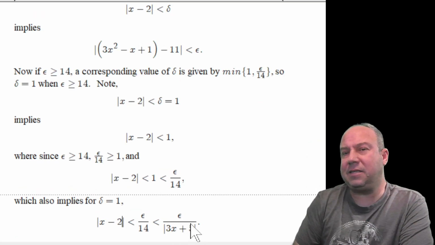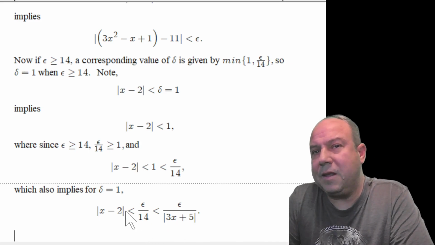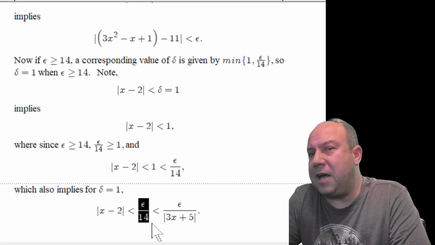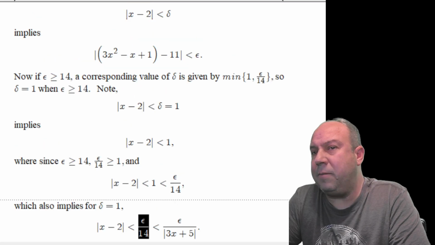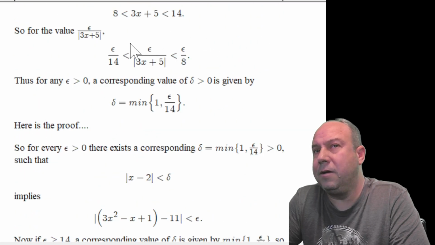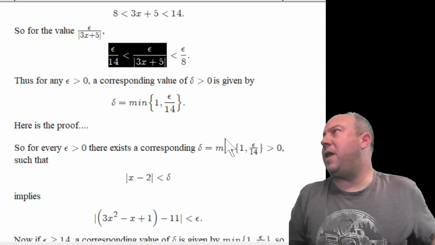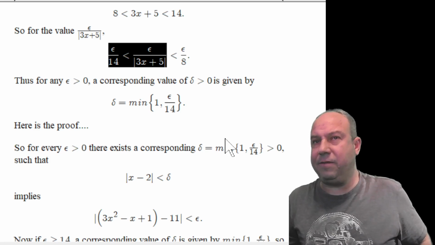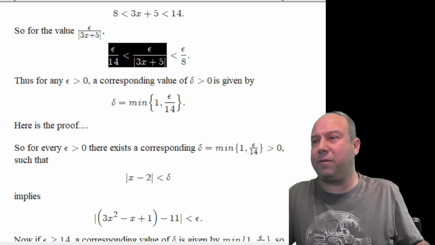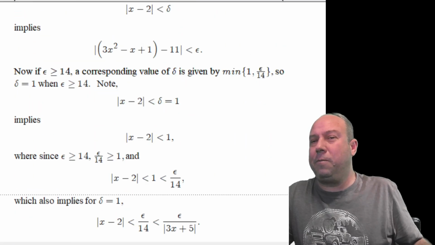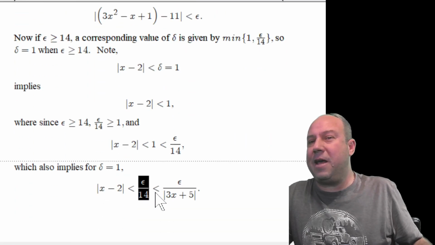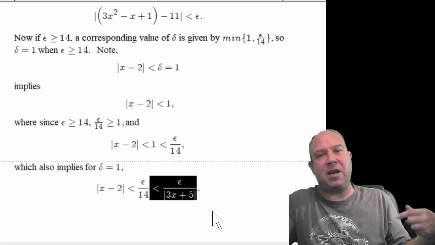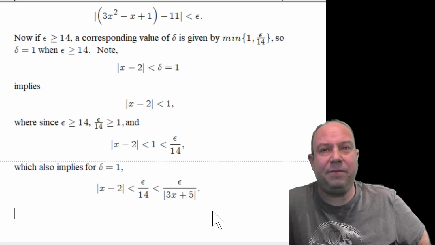And what that's going to lead us to be able to say, for the case where delta equals 1, at epsilon divided by 14, we've established it's smaller than epsilon over the absolute value of 3x plus 5. This is inequalities at work, folks. So epsilon divided by 14, which is bigger than 1, must be smaller than epsilon divided by the absolute value of 3x plus 5.